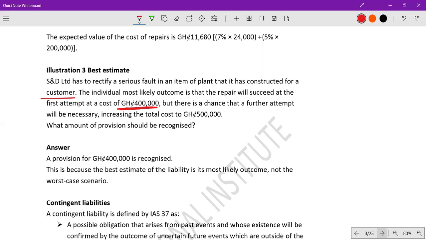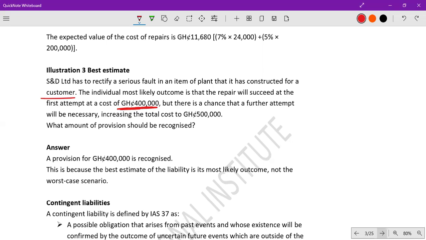But there is a chance that a further attempt will be necessary, increasing the total cost to 500,000. So what will be the provision that needs to be recognized?